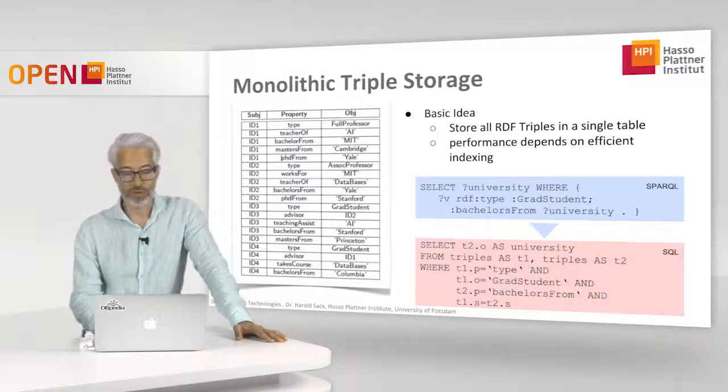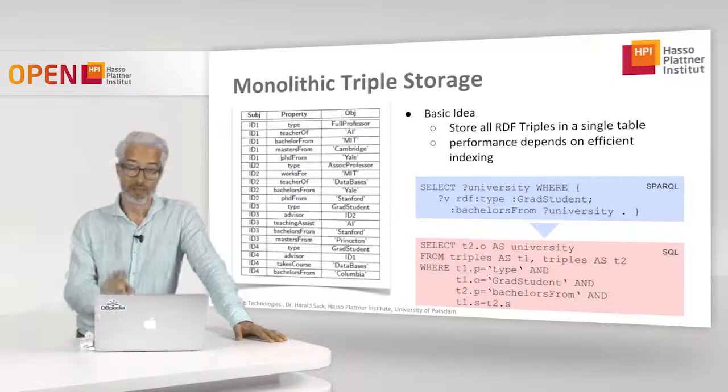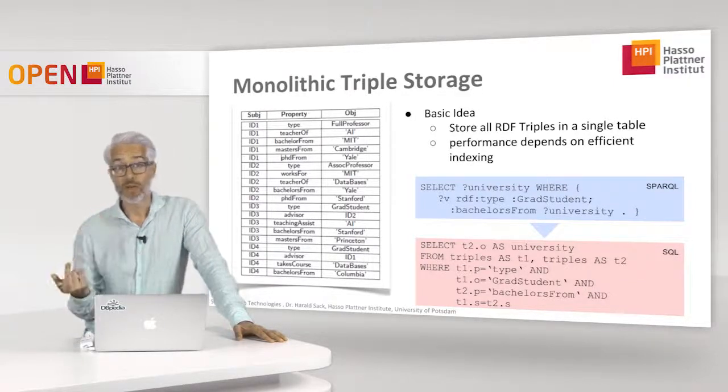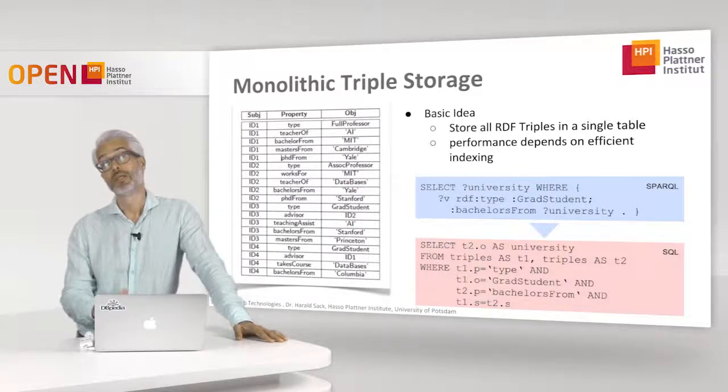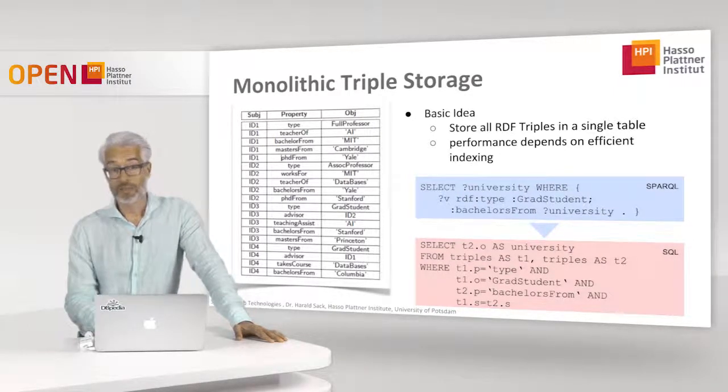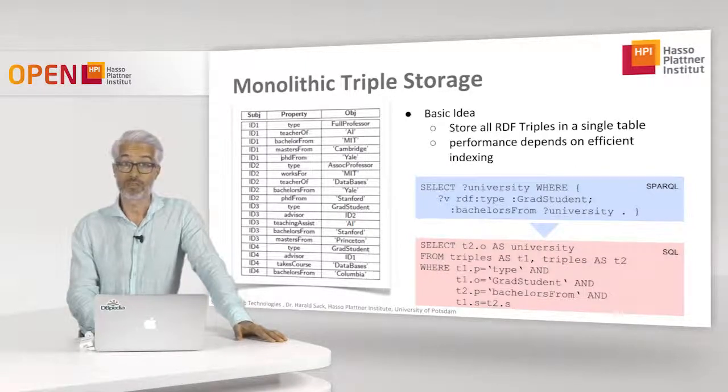So this is the join condition here. And you see, although I only have two graph patterns here, this results again in a join. So if I apply more graph patterns, then you can imagine that more joins could be necessary. And this, of course, might result in a rather complex SQL query.